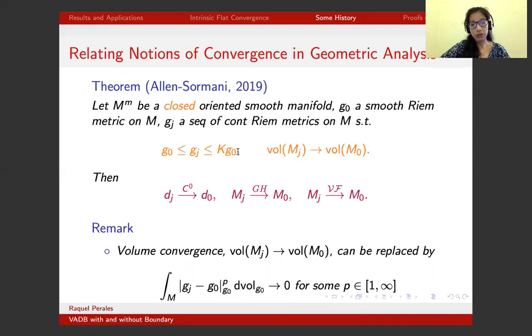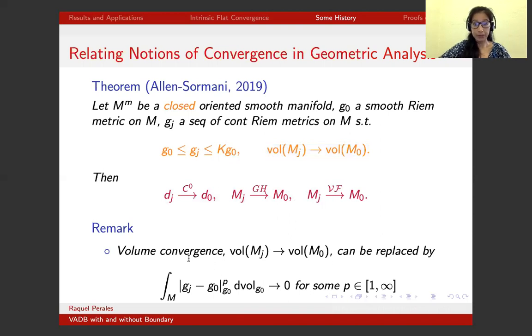This is a very powerful condition, so they get diameter bounds of Mj. And also, because of this condition, they get zero convergence of the distance functions and Gromov-Hausdorff convergence and intrinsic flat convergence. And of course, the volume is preserved because they have it as a hypothesis.